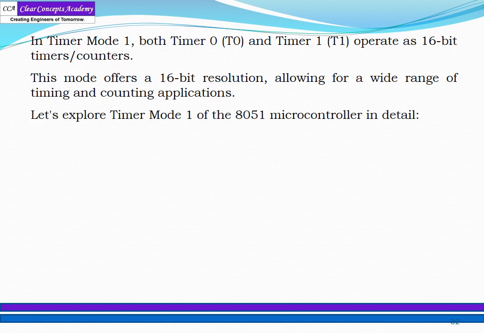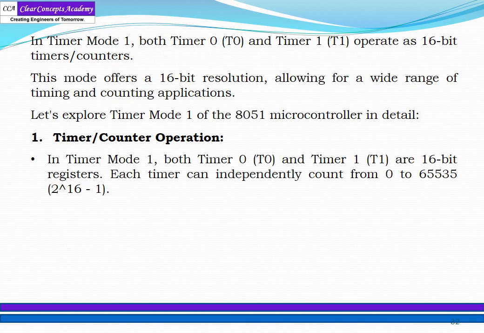Let us explore timer 1 mode of the 8051 microcontroller in detail. Timer or counter operation: in timer mode 1, both timer 0 (T0) and timer 1 (T1) are 16-bit registers.